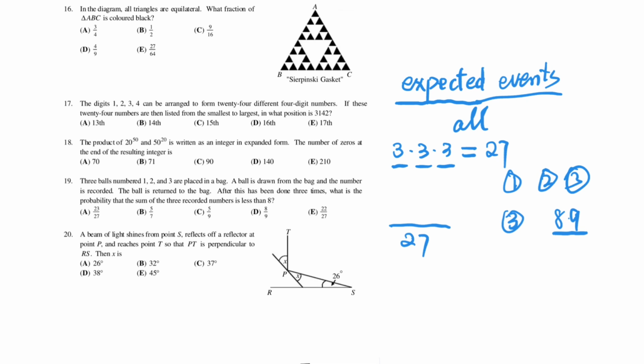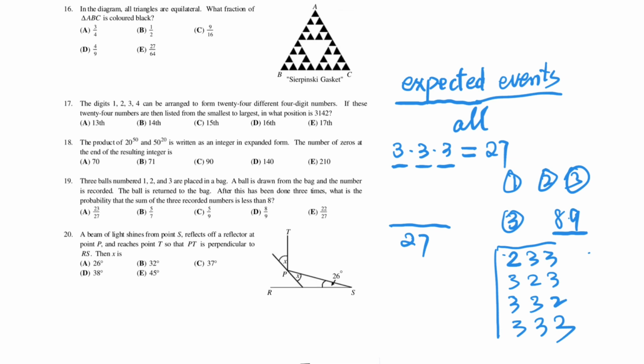What 3 numbers will give us 8? The only one is 2, 3, 3. 2 plus 3 plus 3 equals 8. How many ways can we arrange these 3 numbers? 3 ways: 2, 3, 3; 3, 2, 3; 3, 3, 2. And another one greater than 8 will be 3, 3, 3.